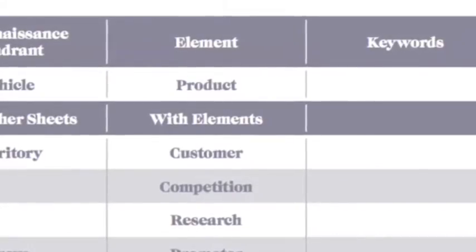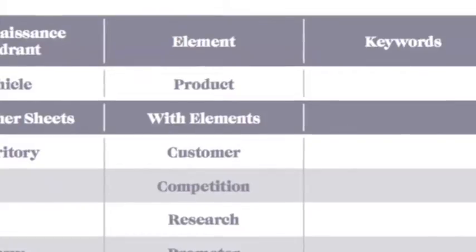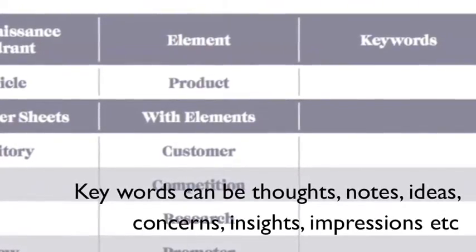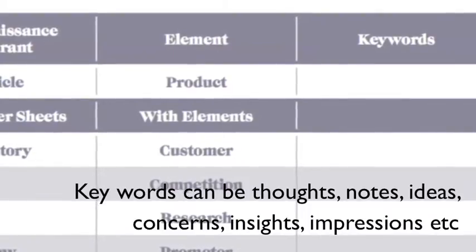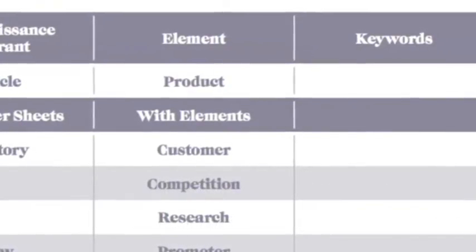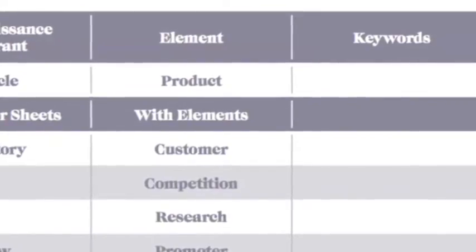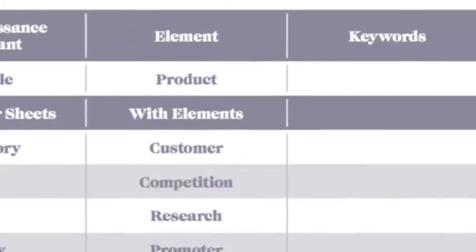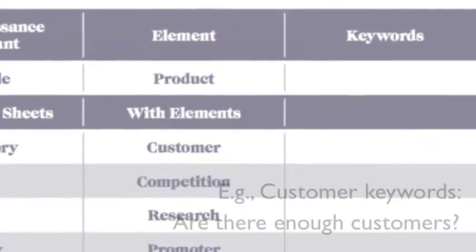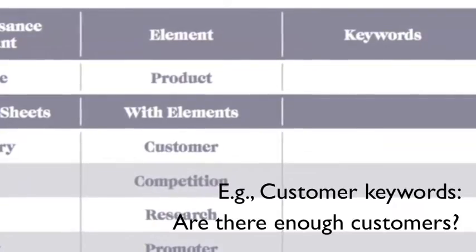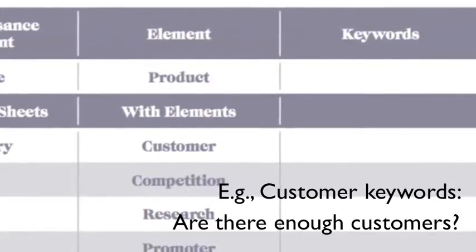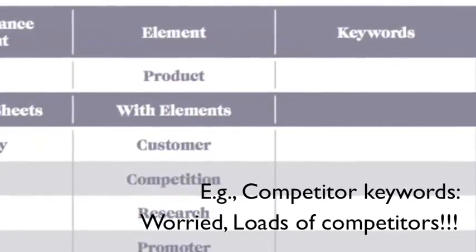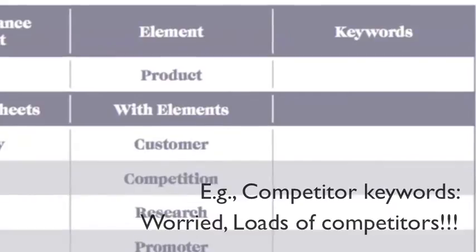So to complete my first pass of the product mapping sheet at this point, I now need to enter some keywords in the last column to give me the headlines of each relationship. What's the basis for the relationship? For example, what are the keywords when I try to view my product element from the standpoint of my customer? From competition. So what are the relationships when I view product from competition?